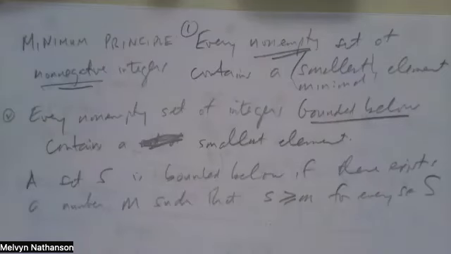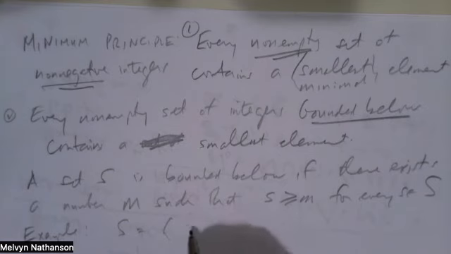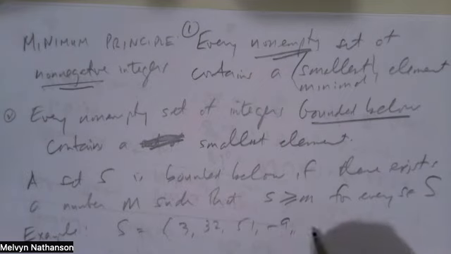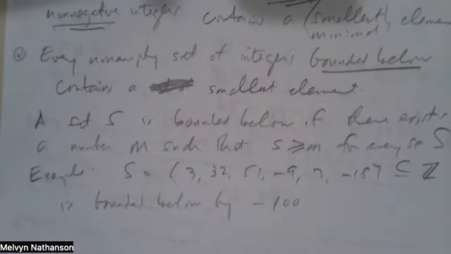So if you look at, for example, the set S equal to 3, 32, 51, minus 9, 7, minus 18. So this is a set of integers. This is contained in Z. It is bounded below, for example, by minus 100, because every number in this set is greater than or equal to minus 100.